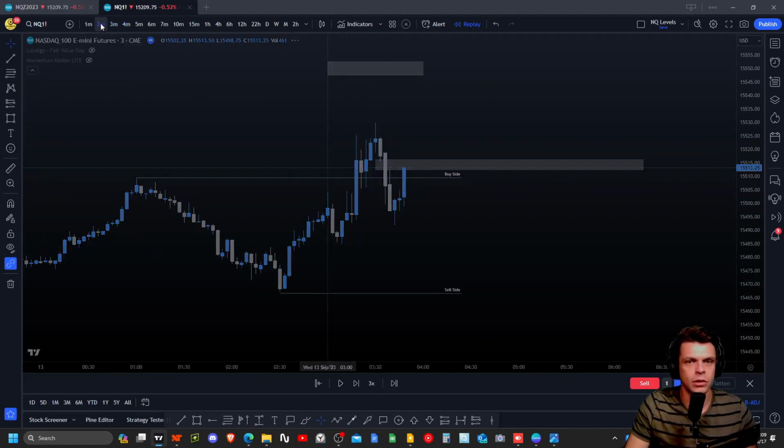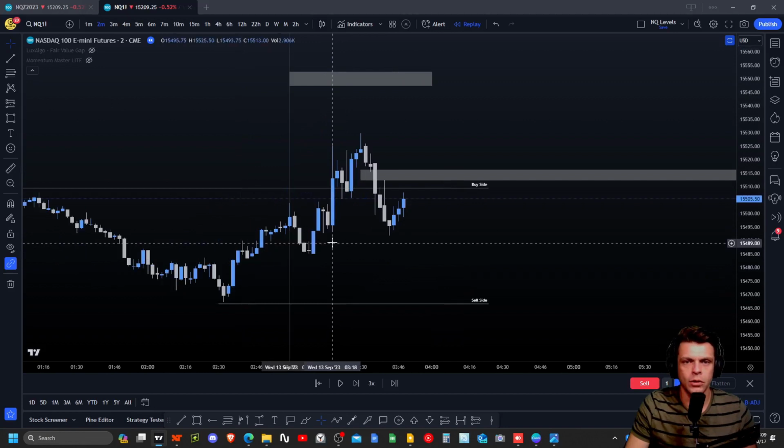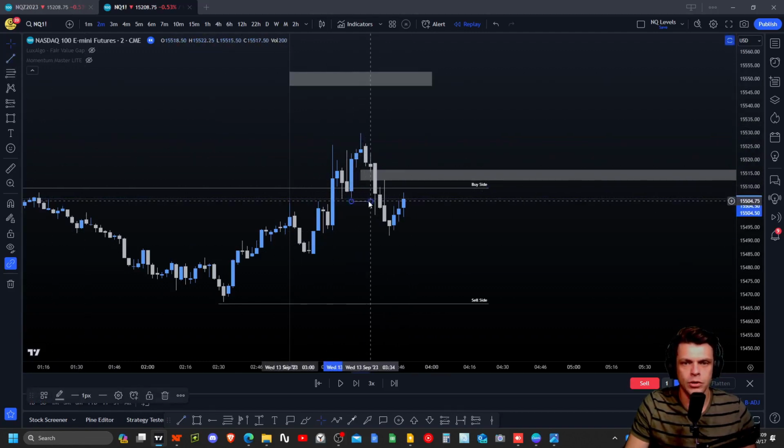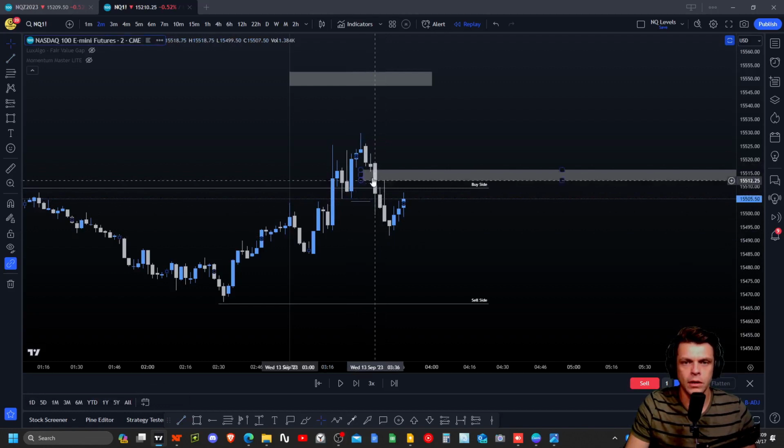For instance, let's go to the 2-minute. And on the 2-minute, we can see that there's a low right there. Price action took out the low. So that is the bearish market structure shift. And you can also see the fair value gap on the 2-minute. So now we know we have a valid setup.